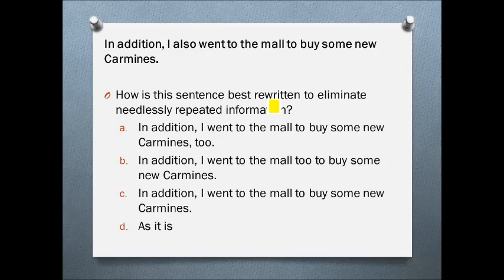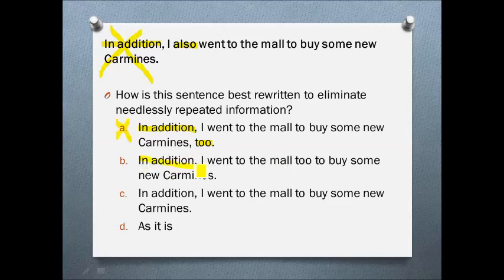So if we look at our answer choices, we can take in addition and also. So this is not a possible answer. This is needlessly repeated information because we have it twice. In answer choice A, in addition, I went to the mall to buy some new Carmines too. So that's two of the same meaning. Then we have in addition, I went to the mall too to buy some new Carmines.